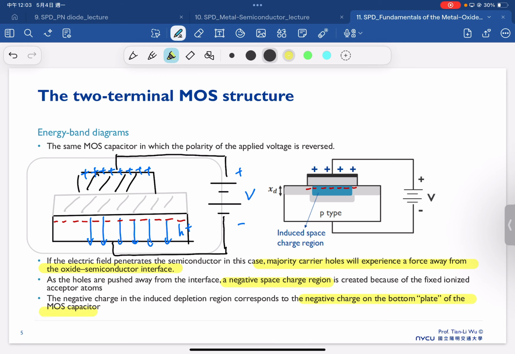So now our bottom plate has negative charge, and the top plate has positive charge. That's the basic idea of how we are influenced by positive and negative bias, how we come to have holes accumulate below the dielectric, and how we come to have a negative charge below the dielectric. So we will stop here, and next week we'll continue to talk about this.